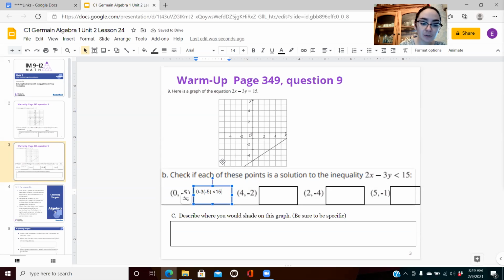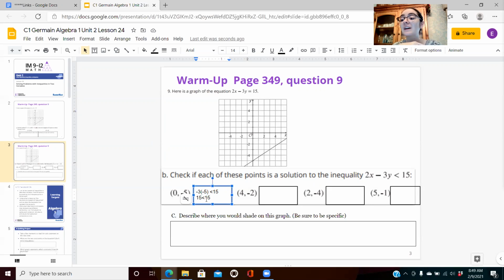So what is negative 3 times negative 5? It is 15. Is 15 less than 15, guys? It's equal to. So is that a true statement then?